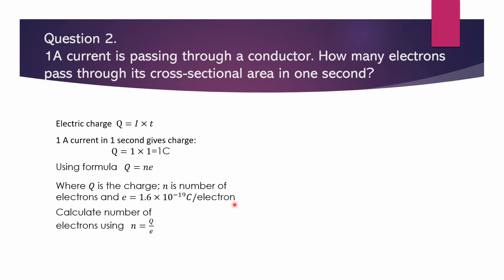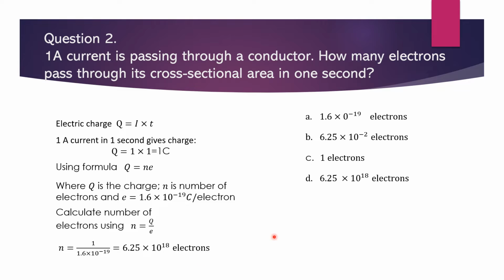Now calculate the number of electrons using N is equal to Q over E. Substituting the values, N is equal to 1 over 1.6 into 10 power minus 19, which is equal to 6.25 into 10 power 18 electrons. So the correct answer here is D, 6.25 into 10 power 18 electrons.